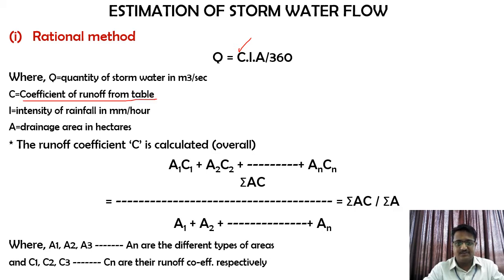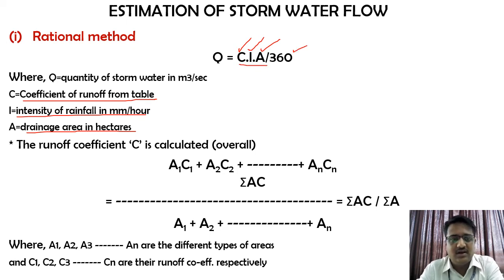I is the intensity of rainfall, in mm per hour. A is the drainage area in hectares. Drainage area in the sense, your catchment area. So that's why this is CIA divided by 360.